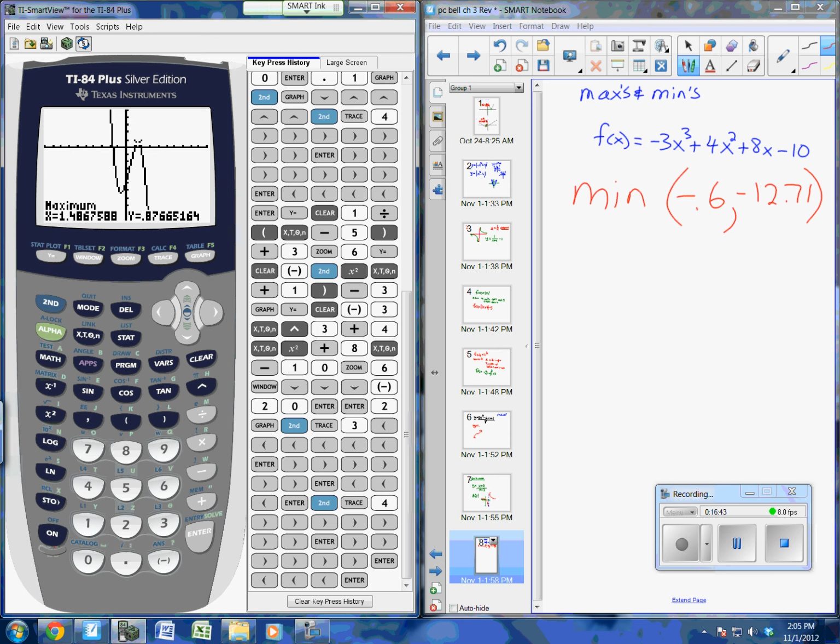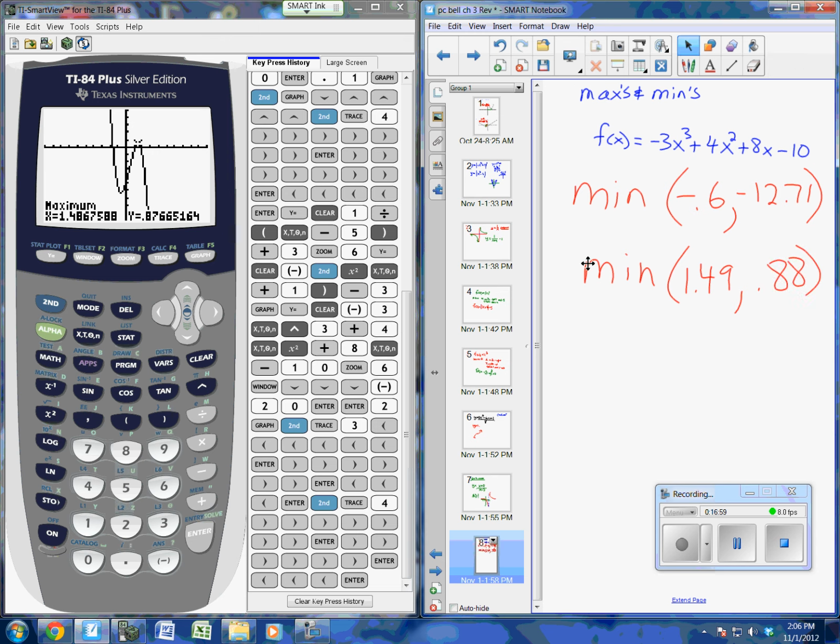And I am going to have my max at 1.49, comma, 0.88. That's if we're rounding to the nearest hundredth. Okay, that is the max. Okay, any questions on how to find this?